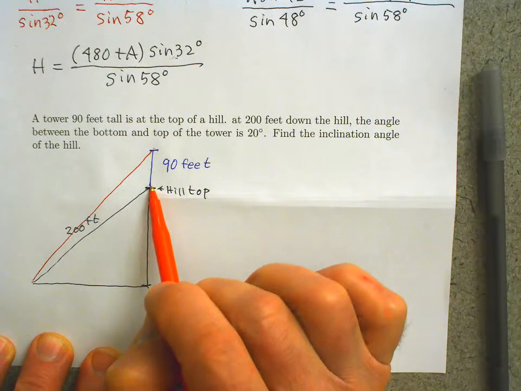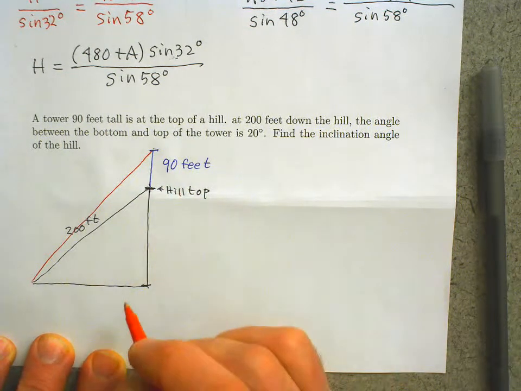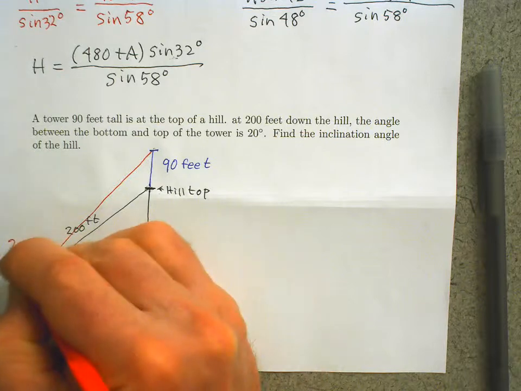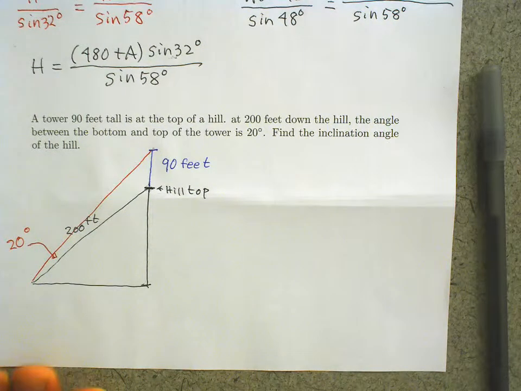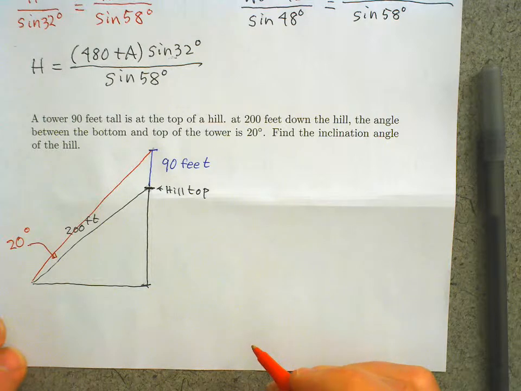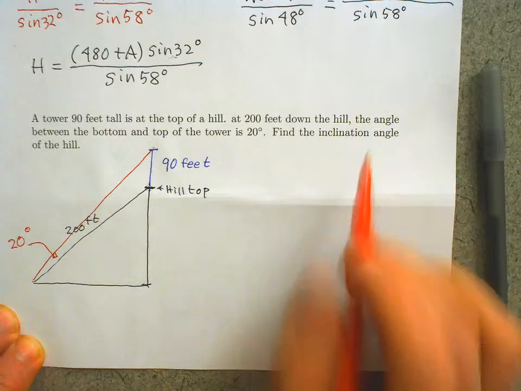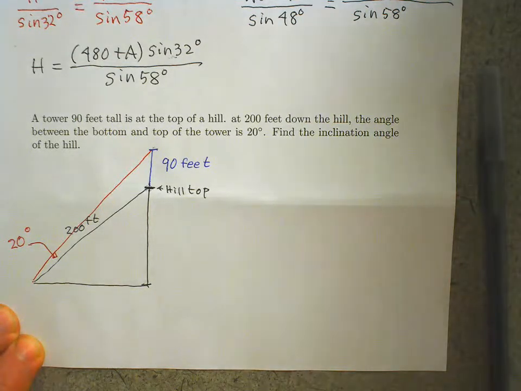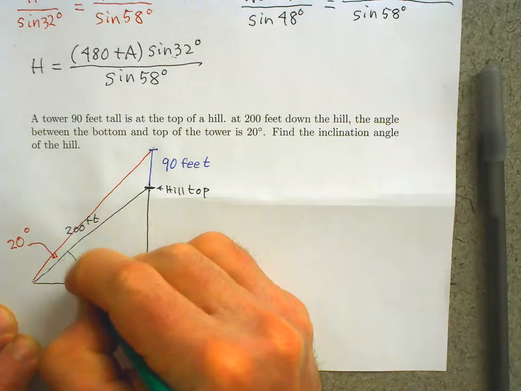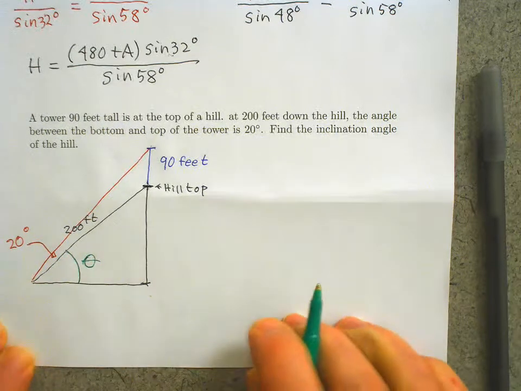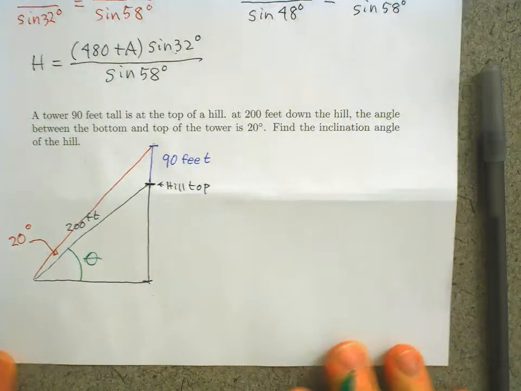The bottom of the tower is the same as the hilltop. So this angle is 20 degrees. And we want to find the inclination angle of the hill. So the inclination angle of the hill is this angle. Let's call it theta. We want to find theta.